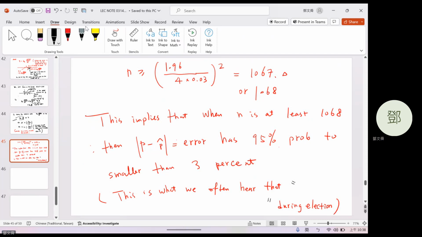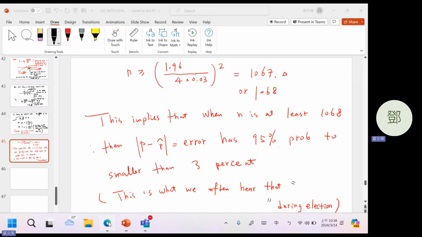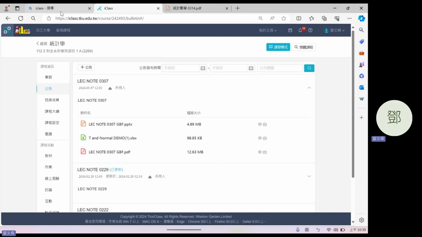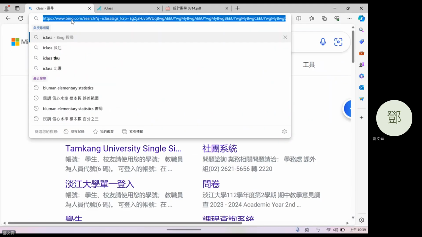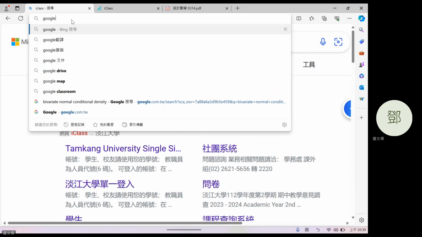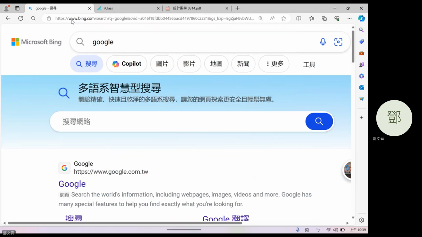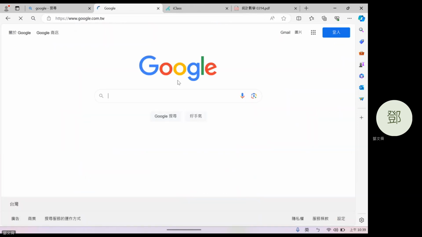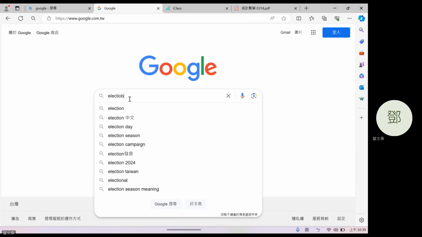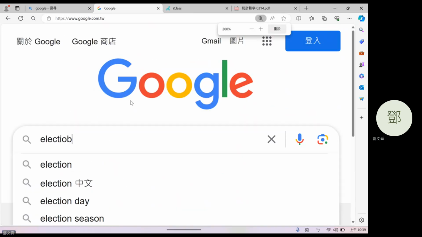This is what we... so let's Google. Let's Google it. Election.